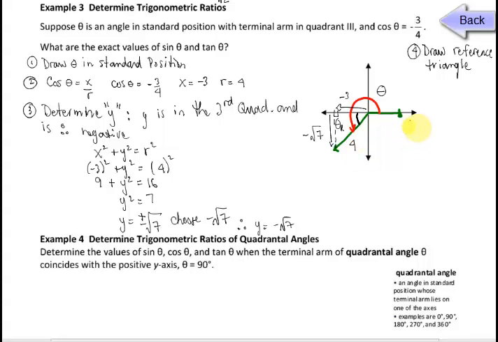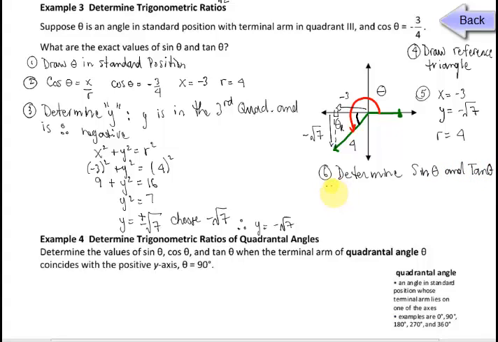So why don't we just write that down here. We know that x is -3, y is -√7, and r equals 4. And so the next thing that we can do then is to determine sine theta and tan theta.